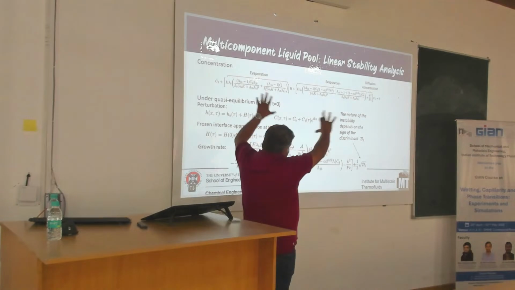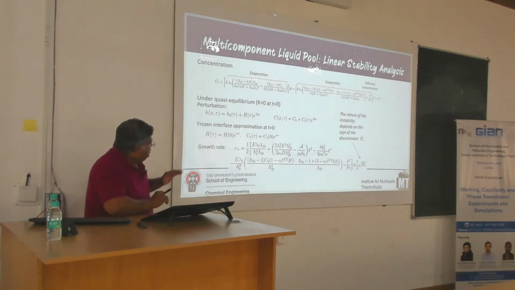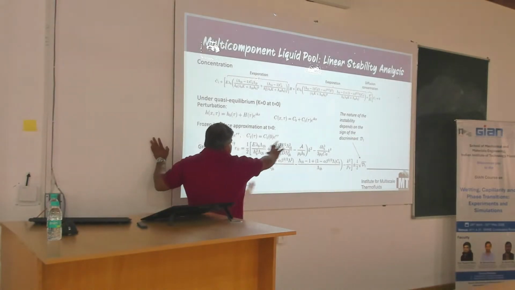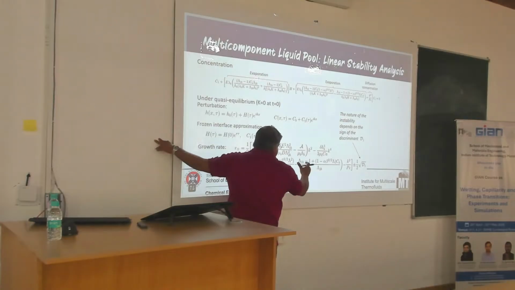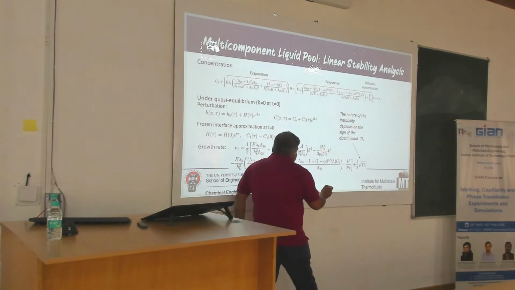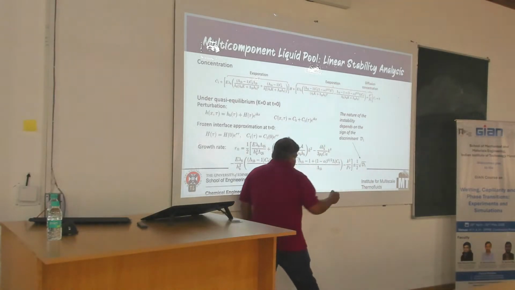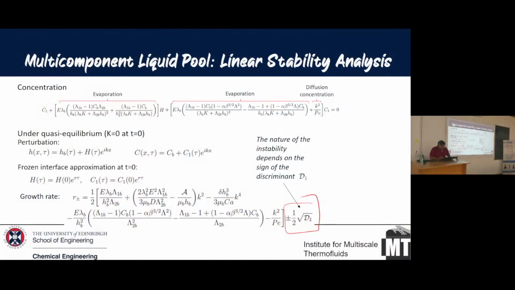If you do the whole stability analysis, we get this weird-looking equation. All of these things, the Hamaker constant, the effect of solutal Marangoni, etc., come into the picture here. But the most important term I would ask you to look at is this particular term. In fact, the determinant D also has solutal and thermal Marangoni.